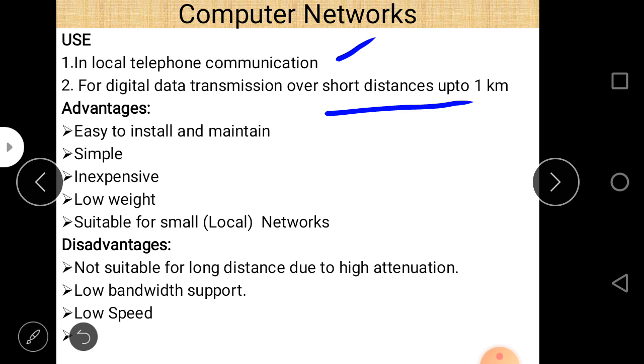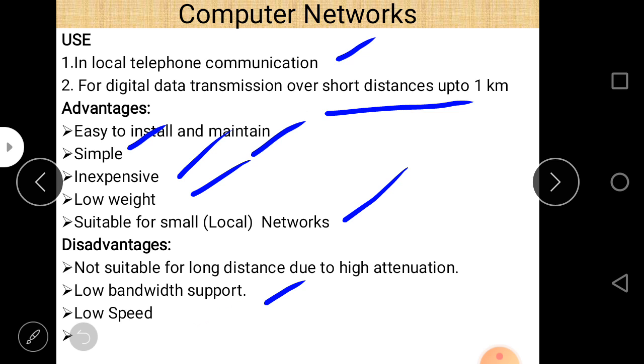As for advantages, it is easy to install and maintain. It is very simple, inexpensive, low weight, and suitable for local area networks. So it is mostly used in local area networks. As far as disadvantages are concerned, it is not suitable for long distance due to high attenuation and low bandwidth support, and low speed is also a matter.